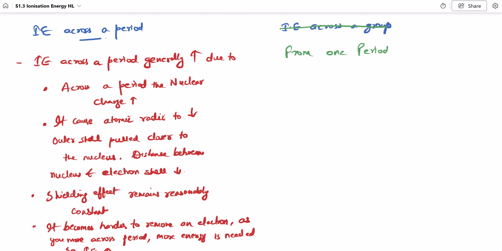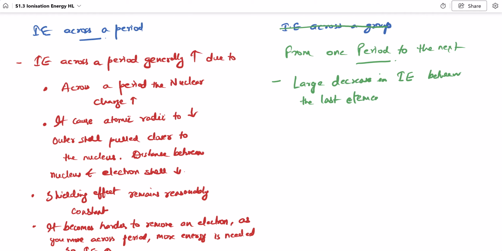Here you will find that there is a large decrease in ionization energy between the last element in one period and the first element in the next period.